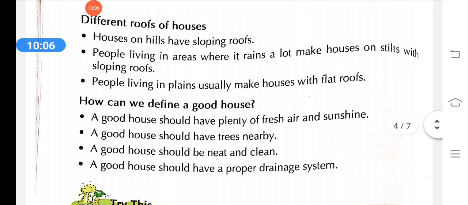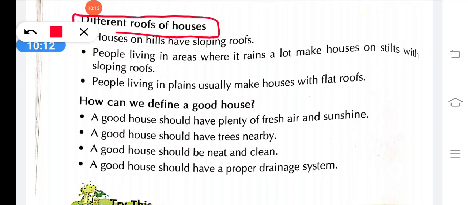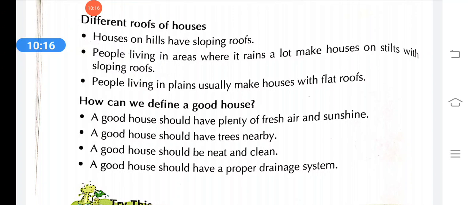Now, next topic of this chapter is different roofs of houses. Different roofs. Okay. So houses on hills have sloping roof. Sloping roof means, have a look here.